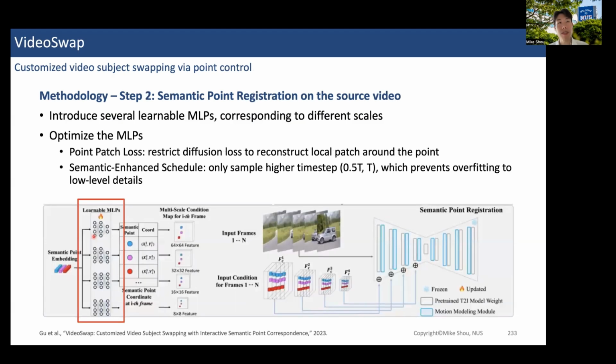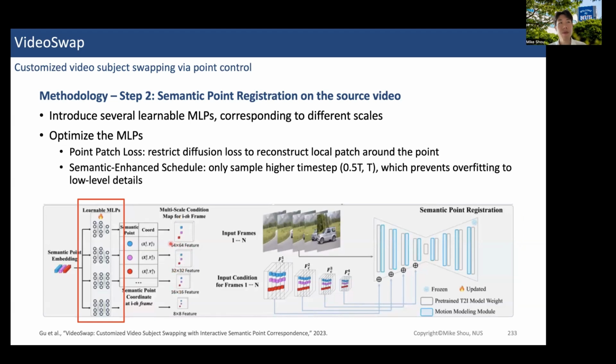We feed that into the learnable MLPs to produce several projected features, which will later be used as a condition for generation, for denoising the UNet. More specifically, we have 4 MLPs here, corresponding to different scales, 64, 32, 16 by 16.